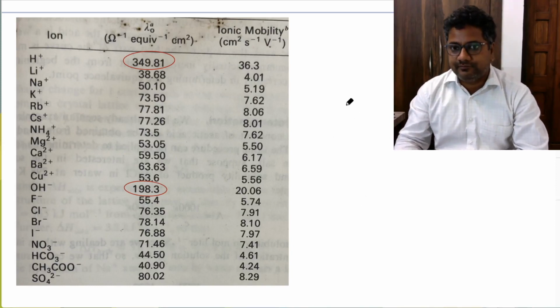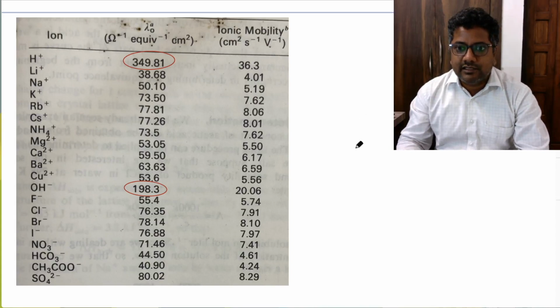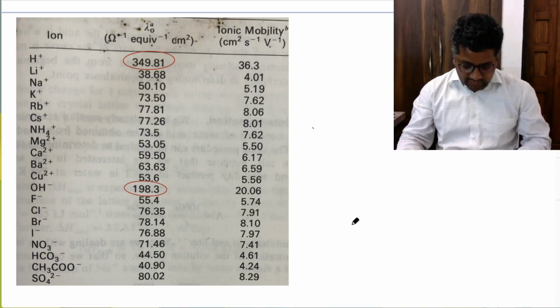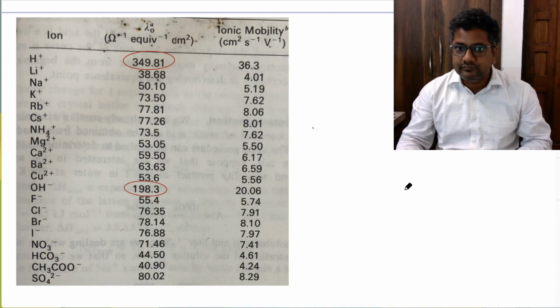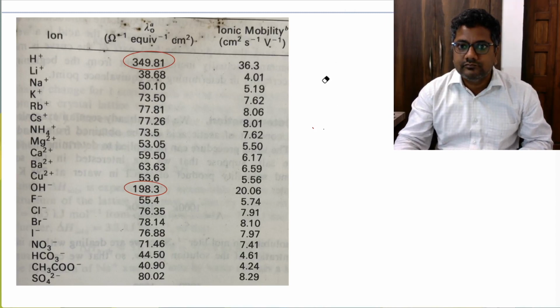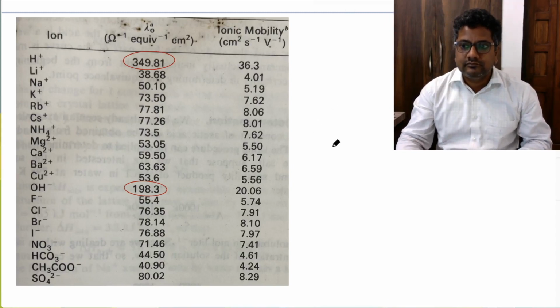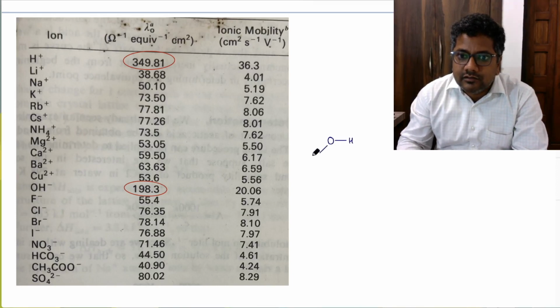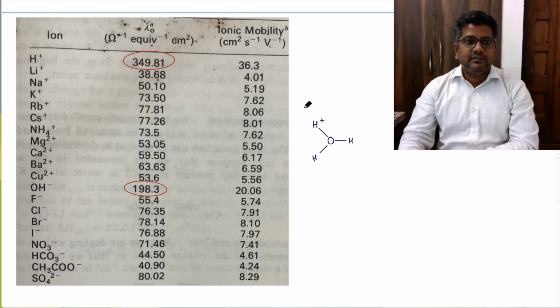Suppose we have a water molecule like this, O, H, H, and this H plus is bonded here.